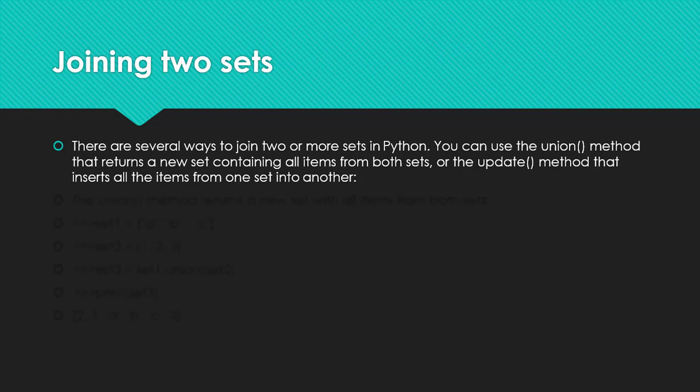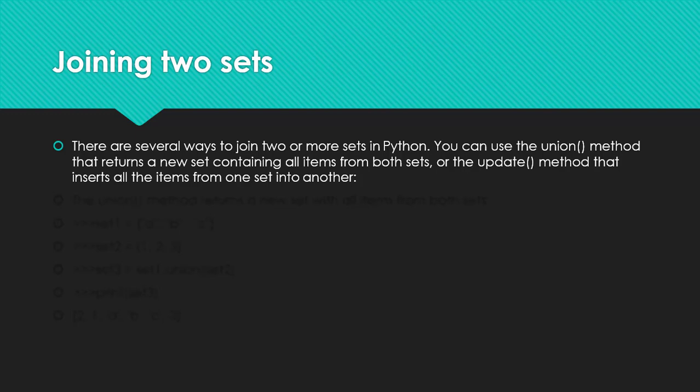If you don't know much about mathematics, I don't want to confuse you, but union is basically a process where we join two sets in mathematics. So here also we can use the union method that returns a new set containing all the items from both the sets, or the update method that inserts all the items from one set into another.